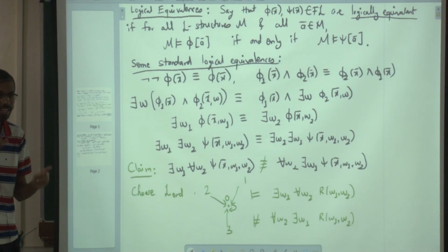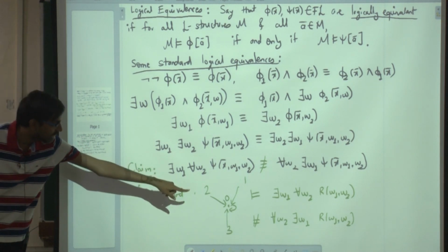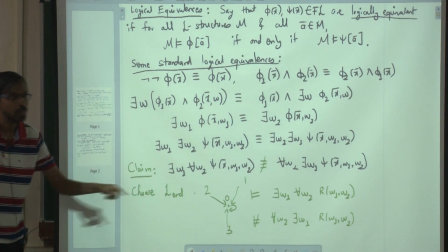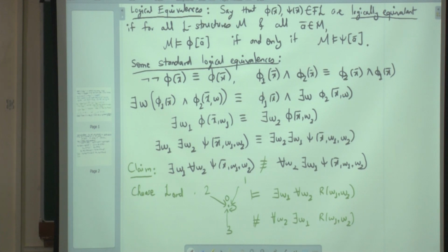You have to actually write down why this formula is not satisfiable in this structure. First you replace this for all quantifier with English for all. Then the next thing is the there exists quantifier by there exists in English. And then you had to find out some particular things.